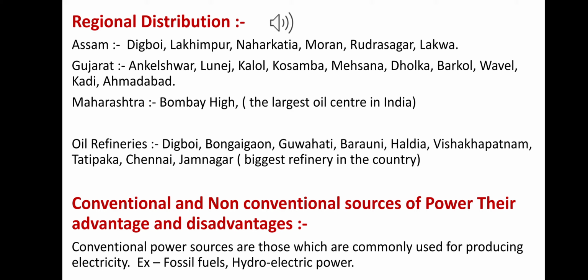Guwahati is also in Assam, and Barauni in Bihar, Haldia in West Bengal, Visakhapatnam in Andhra Pradesh, Tatipaka in Andhra Pradesh, Chennai in Tamil Nadu. In these places oil refinery factories are located, and also Jamnagar. Jamnagar is the largest, biggest oil refinery, which is located in Gujarat. Okay.